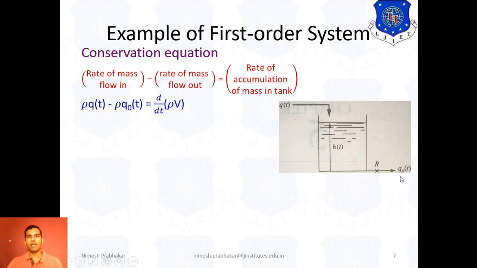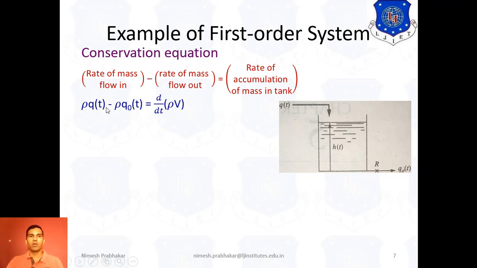In the same way we write the rate of flow out as rho Q0 of t, and the rate of accumulation of mass in the tank, where mass is represented in terms of volume, as rho into V. V represents the total volume in the tank, and d by dt is the rate of change.